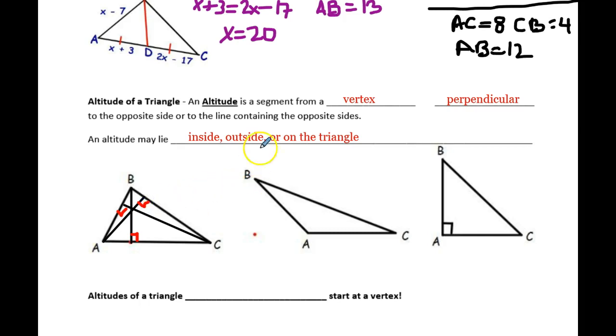Now notice, this is our 4th triangle center. All of our altitudes meet right here. So their point of concurrency is right here. And we call that point of concurrency the orthocenter.